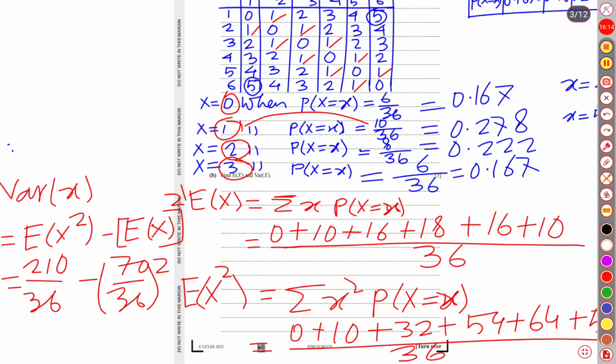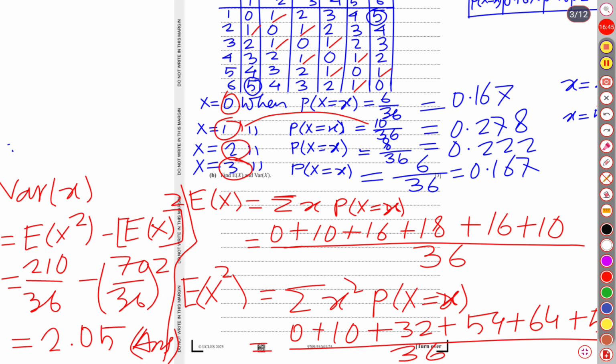Let me draw a division line. Then let us use our calculator: 210 over 36 minus 70 over 36 whole squared, it will show 2.05. 2.05 is our variance.